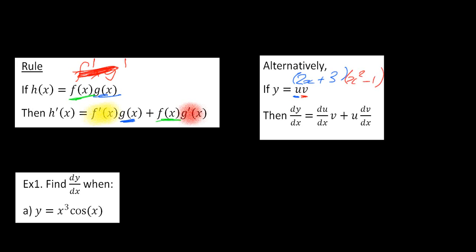And what you want to do here is pretty much the same procedure as what we did with the function notation rule. So the derivative is really the derivative of the first part.